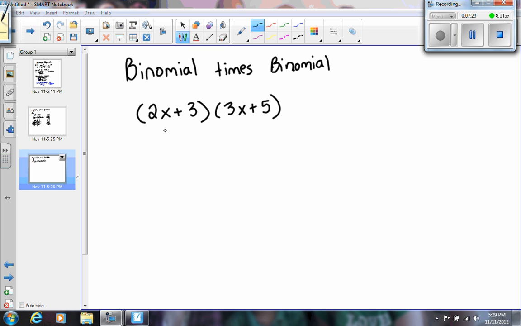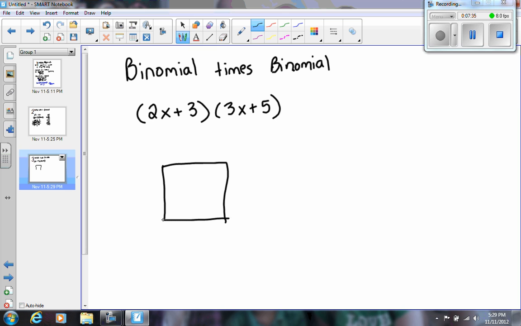So now let's think about this binomial times a binomial, 2x plus 3 times 3x plus 5. So I'm going to make a chart, and I'm going to need 4 spots for my chart. So I'm going to have 2x plus 3 and 3x plus 5.